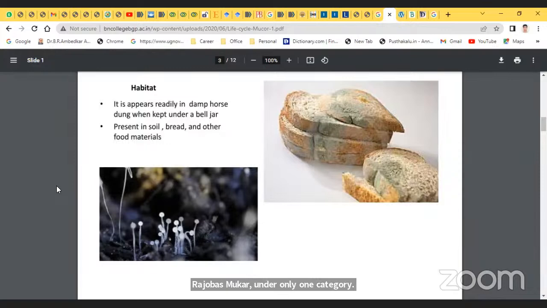Yes, sir. Some of the exams ask about Mucor, and it is also Rhizopus. Bread mold.